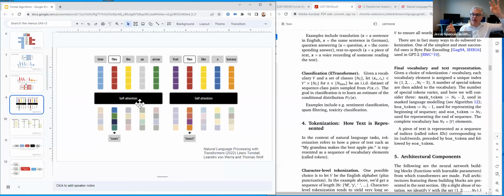We took king, we subtracted man, we got monarch. We added woman, we got queen. Well, if you can add, you can also average. And that's exactly what's happening here. You're averaging the vector for flies with arrow. It's not a straight average, 1-to-1. It's weighted. And what self-attention does is it does that weighting between the two.